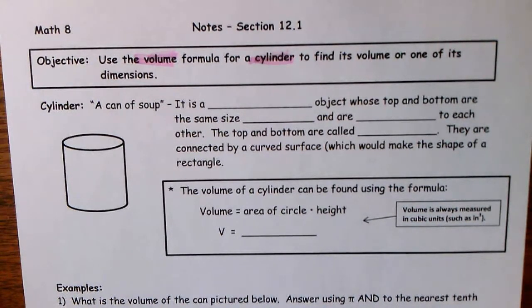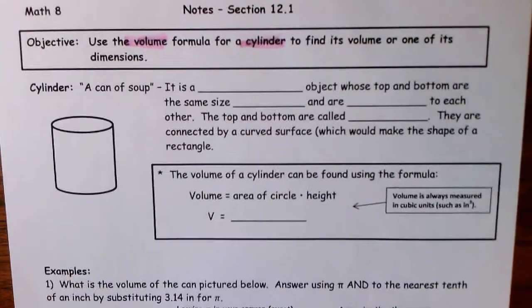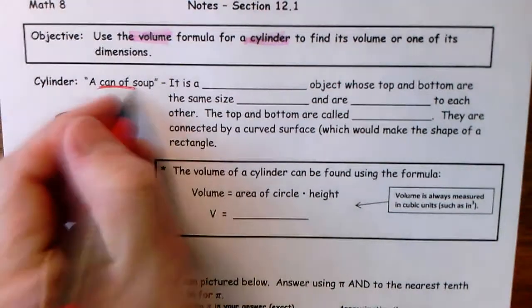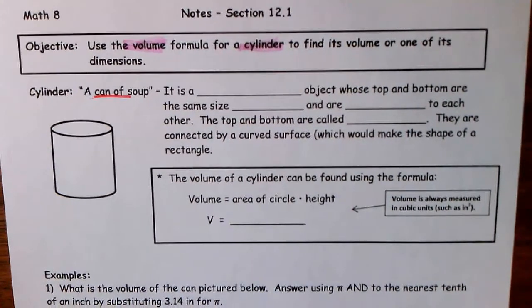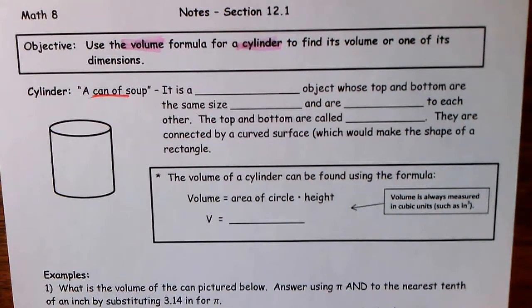So first, let me quickly talk about what a cylinder is. I call a cylinder a can of soup because a soup can or a soda can is in the shape of a cylinder.